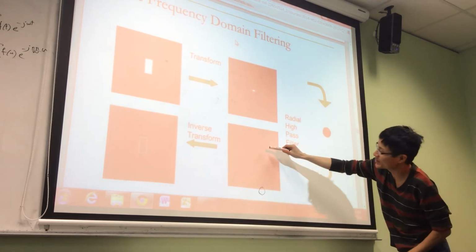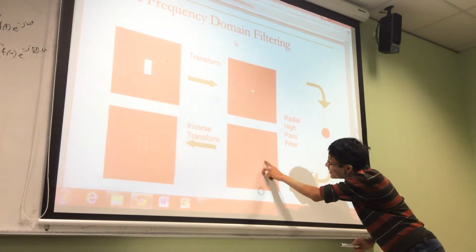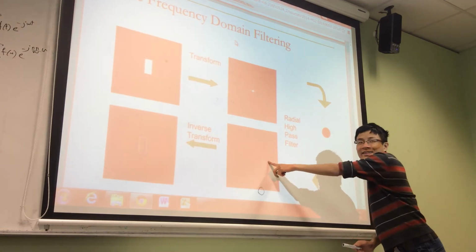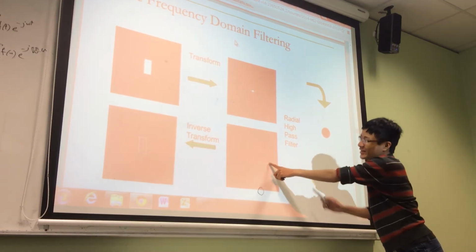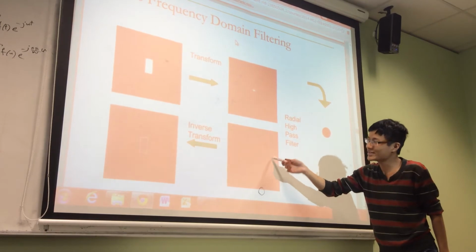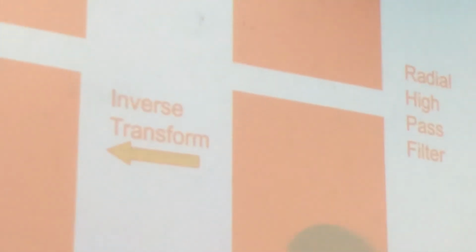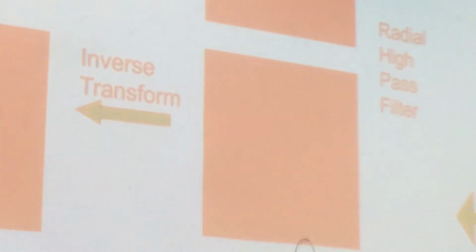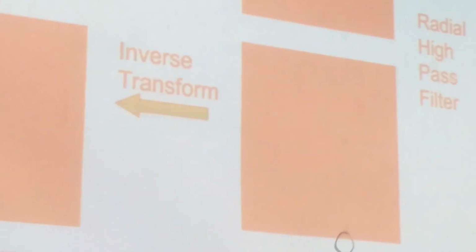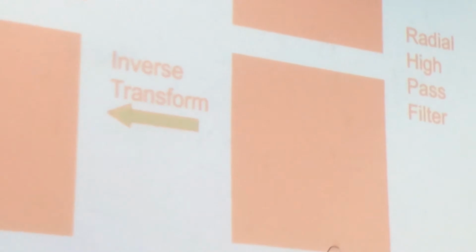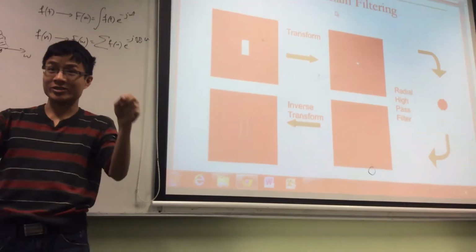Not quite. You see something there, a small line. So there are actually some things in here, but in the middle is completely black. You take the inverse Fourier transform, you only have this. So you don't have the solid shape, but you have the edges.